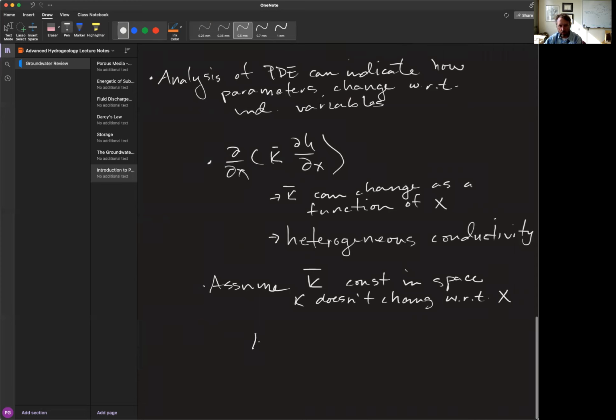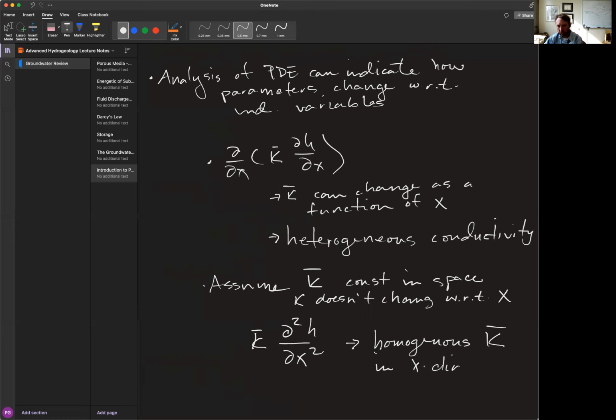Calculus 1, so k bar d squared h dx squared, that is the second derivative of head with respect to x. This implies homogeneous k in the x direction.